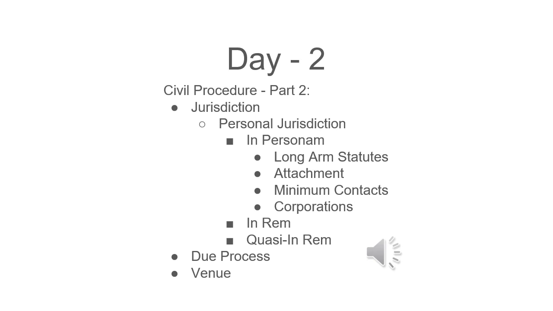Venue and removal from state court. Again, remember that removal is the right of the defendant only. Venue is proper in the district where the state court action was brought. It is immaterial that venue would have been improper there originally, and that concludes Part 2 of Civil Procedures.